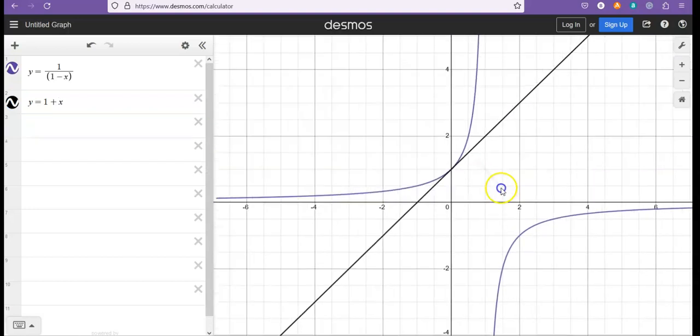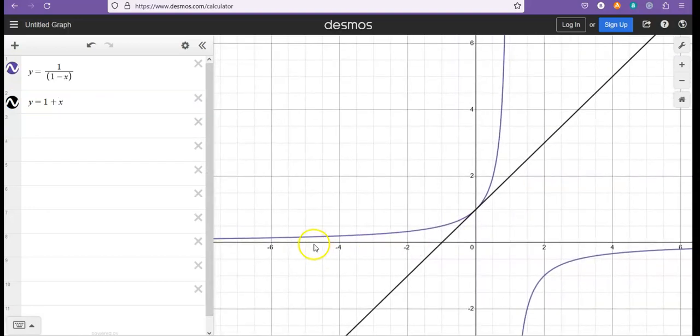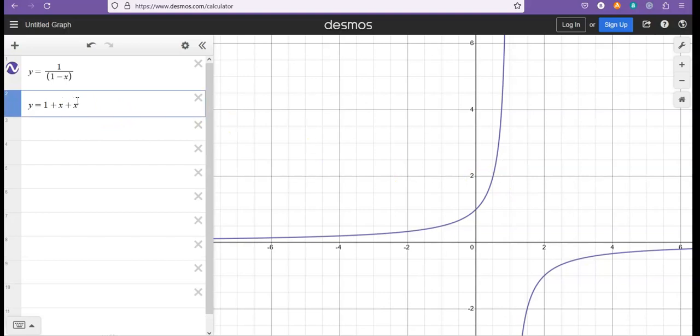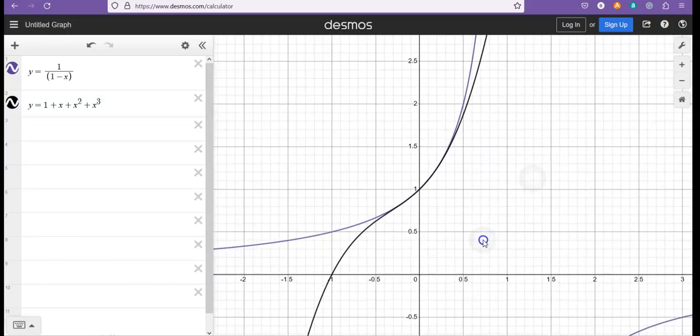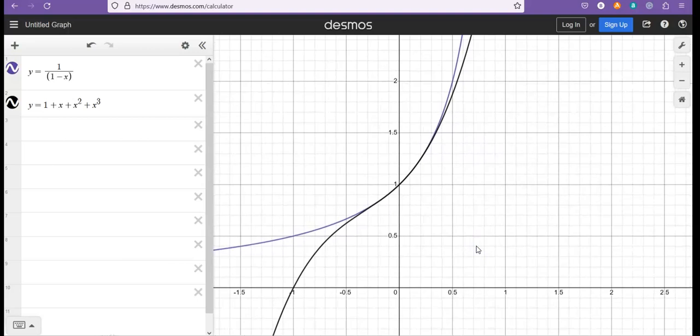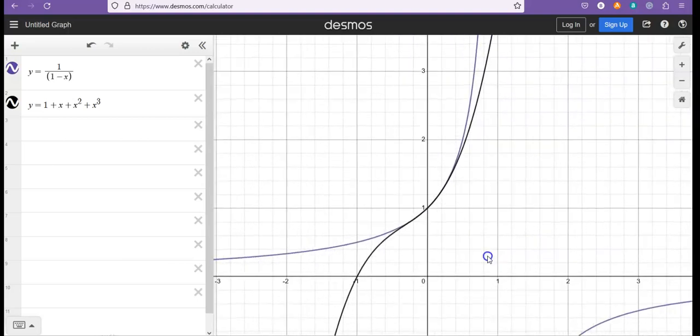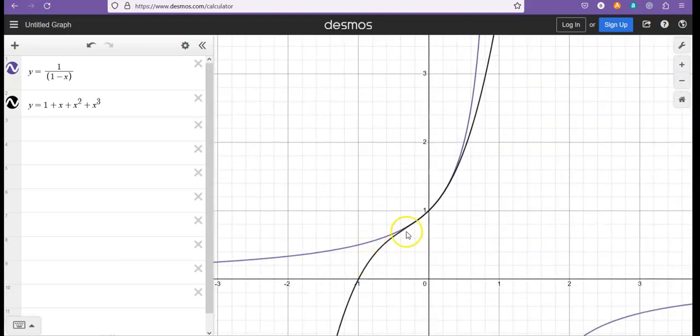Notice the interval from -1 to 1 is all on this portion of this curve. There's an asymptote at 1 in the original, so we're not actually on that curve. And if I keep adding terms to this, plus x squared, plus x cubed, and if I just look at this from -1 to 1, we're getting more and more of the curve between -1 and 1.